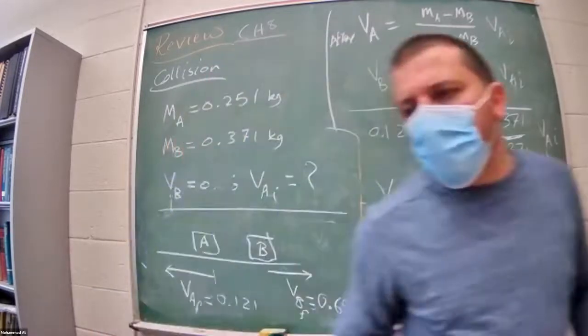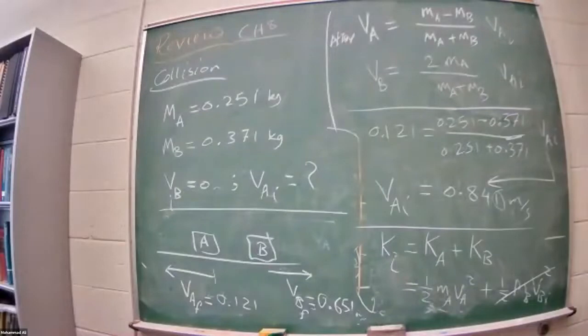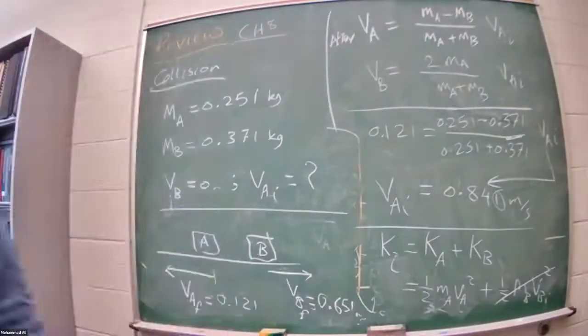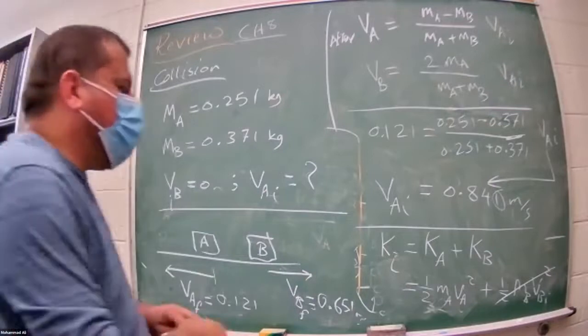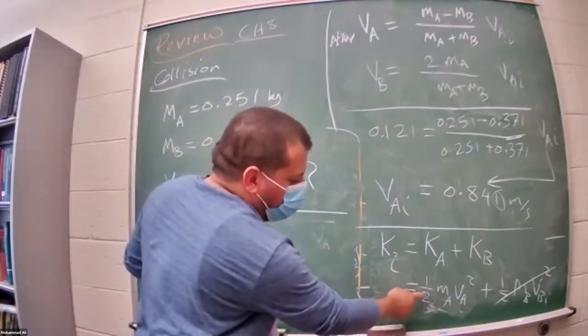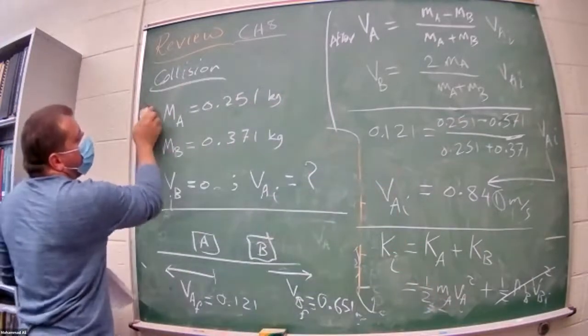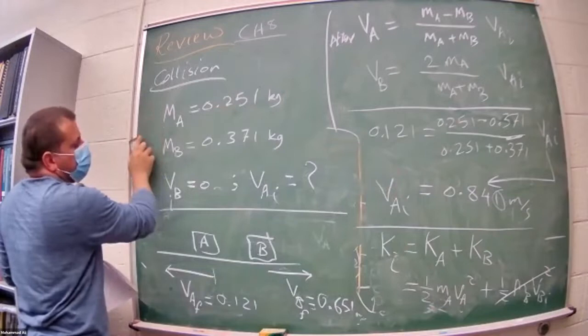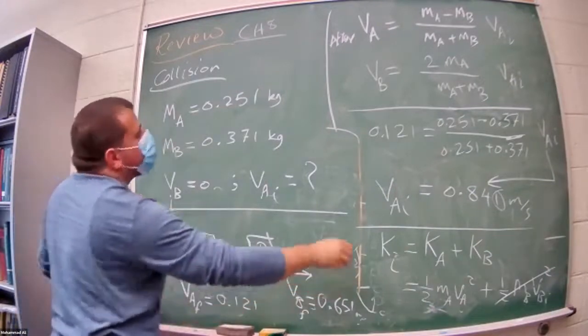But VB initially is 0. Then there is no contribution from the object B for the kinetic energy in this system. Now the kinetic energy initially is 1/2 the mass for A multiplied by VA squared.